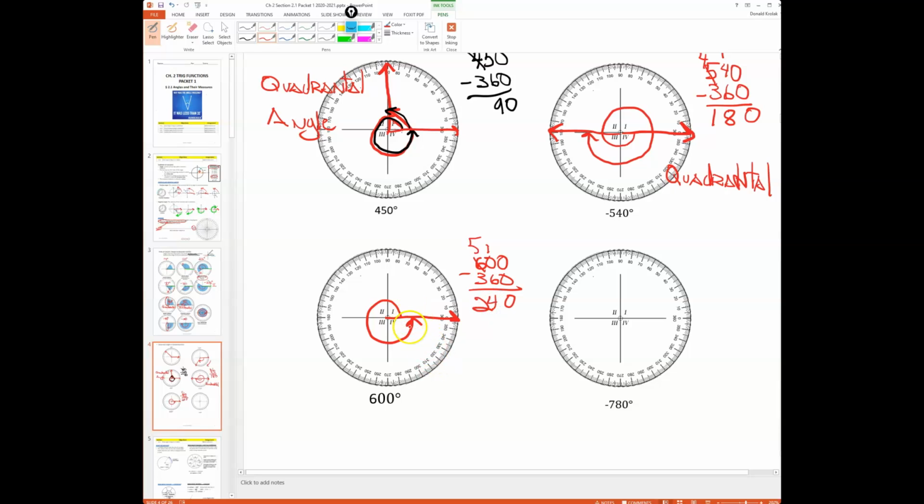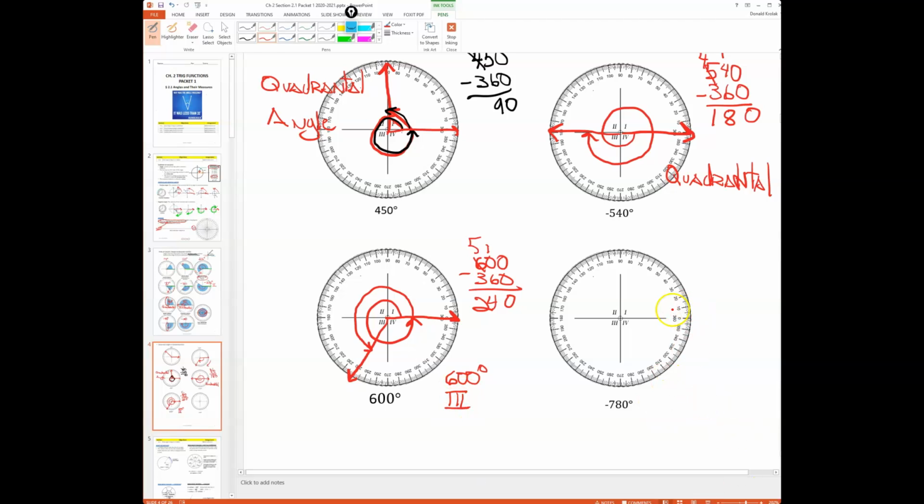So I have to go an additional 240 degrees. There's 180, 210, 230, 240. Okay, this angle, this is 600 degrees, and it terminates in quadrant 3.